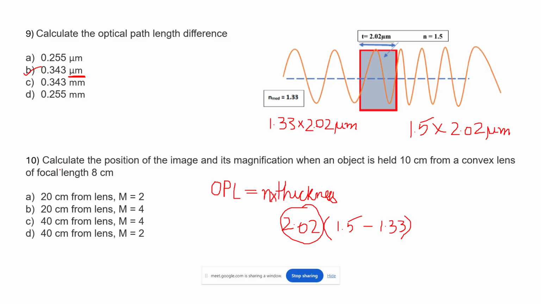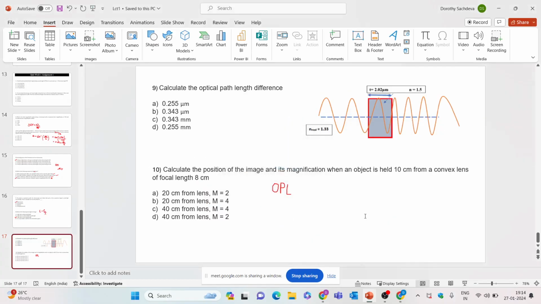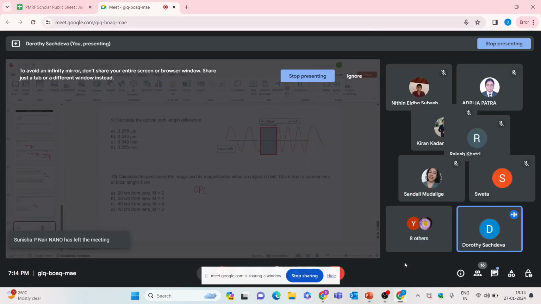This will be covered in your next lecture, but the basic thing was to know this formula, where the optical path length is the product of the refractive index and the thickness. Is this question clear?